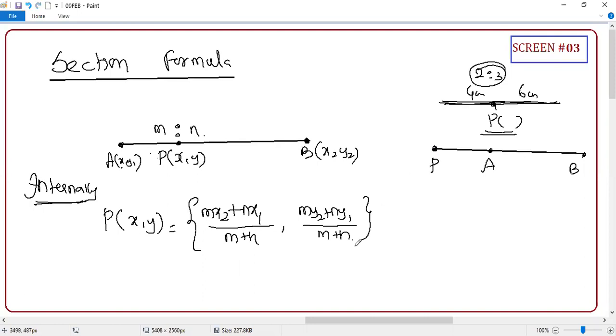So this is called the point present externally. This time, in which ratio will it divide? PA is to PB. But here what will you say? PA is to PB. How is it going? You see the ratio. So this PB covers what? This also.